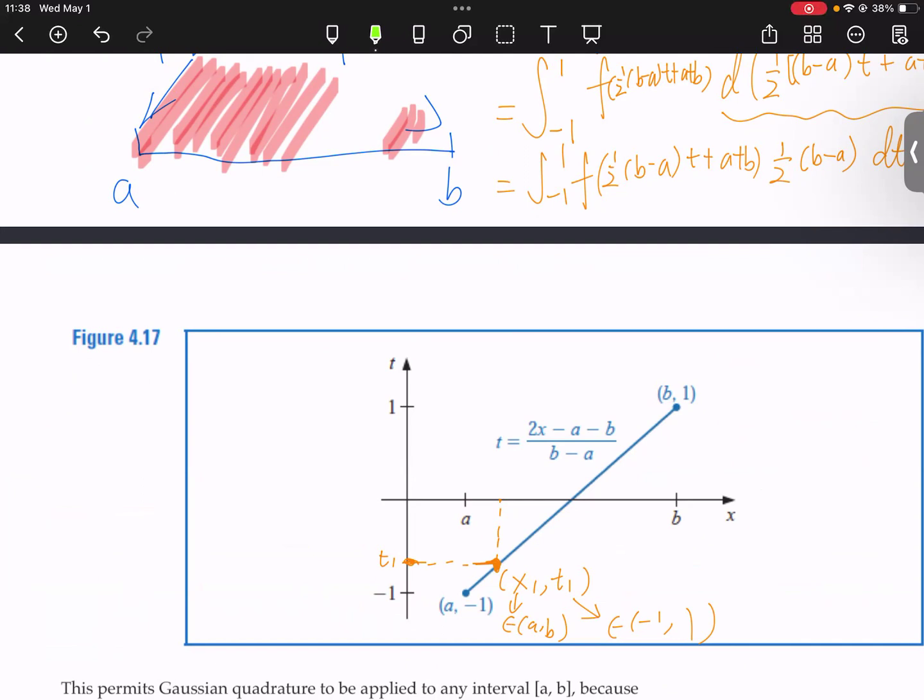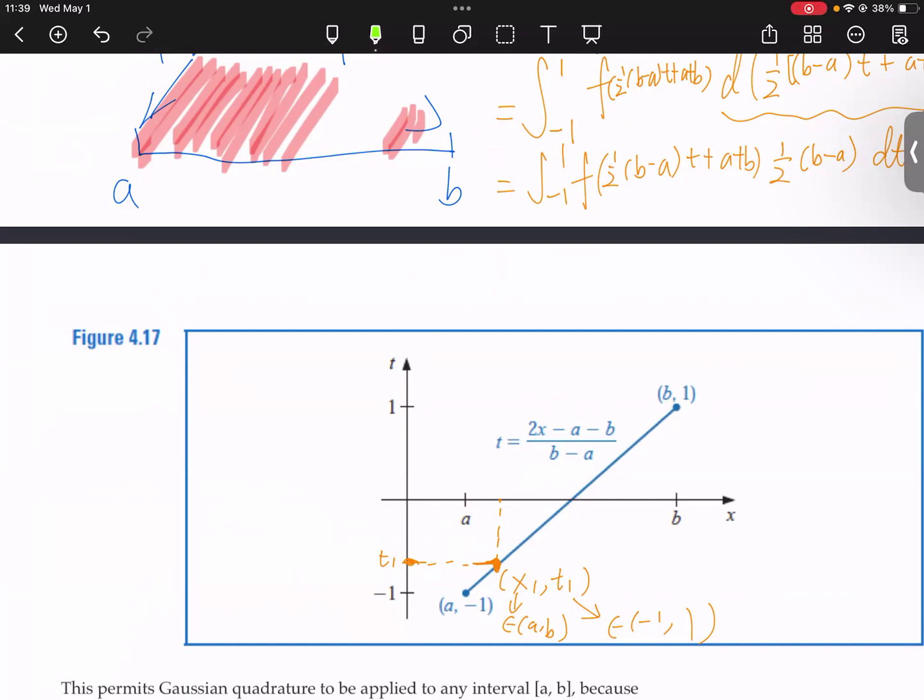Which means that for any point in the interval -1 to 1, you can find a unique point in the interval A and B. And if you have a point in the interval A and B, you will find a unique corresponding point in the -1 and 1 interval. Does it make sense?